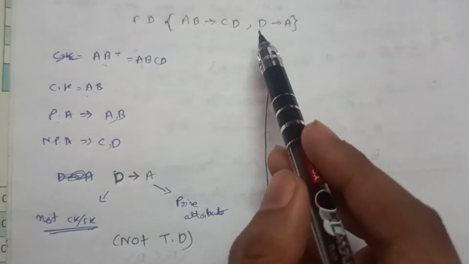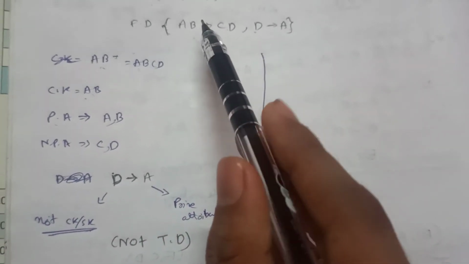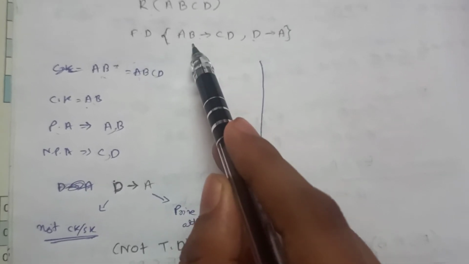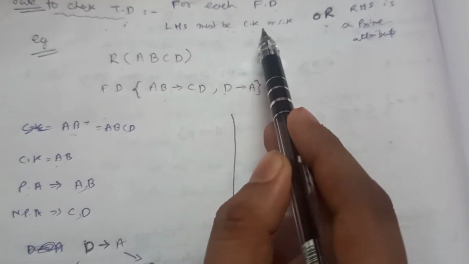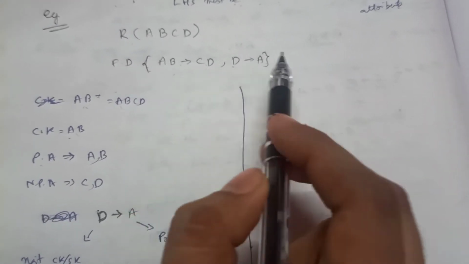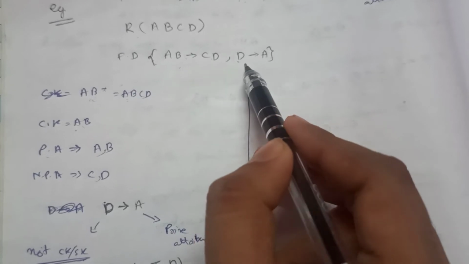For the functional dependency AB defining CD, AB is our candidate key on the left hand side, so this condition is satisfied and this FD is not a transitive dependency. Now check the next FD.